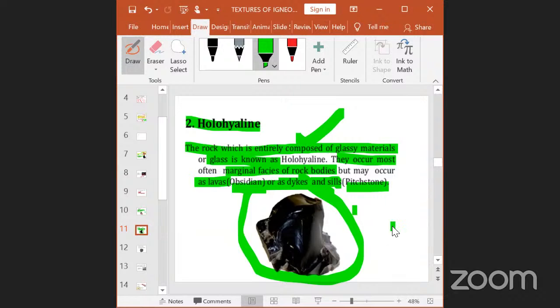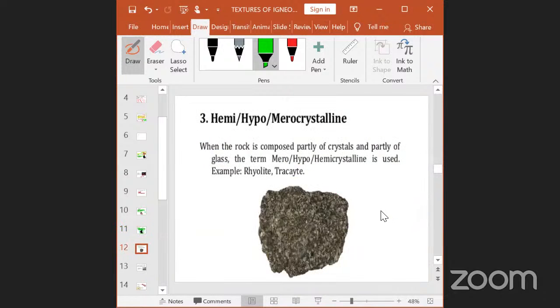Next one is hemi or hypo or merocrystalline.